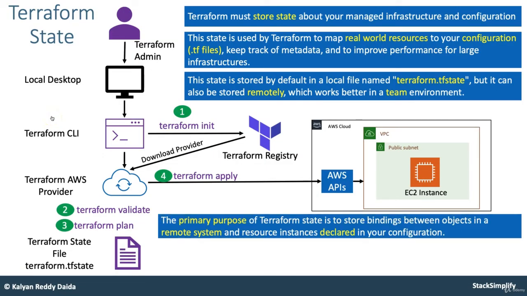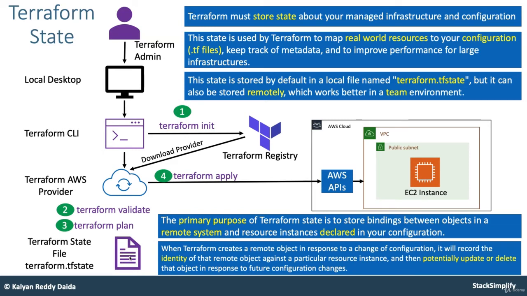The primary purpose of Terraform state is to store bindings between the objects in the remote system and the resource instances declared in your configuration. The configuration files you have written and the remote infrastructure it has created, it creates a mapping between both of them and stores that information in this file. When Terraform creates a remote object in response to a change of configuration, it will record the identity of that remote object against a particular resource instance, for future updates or deletes.